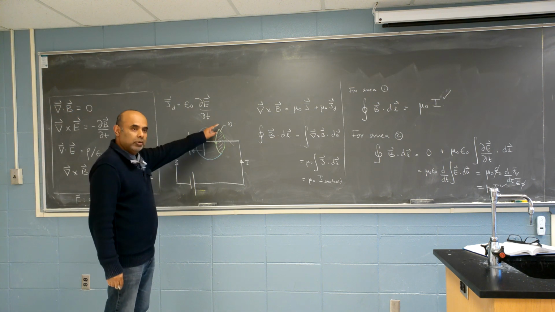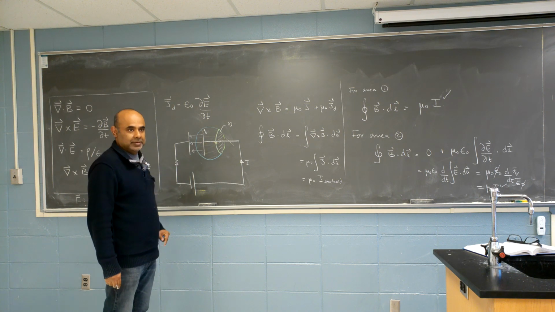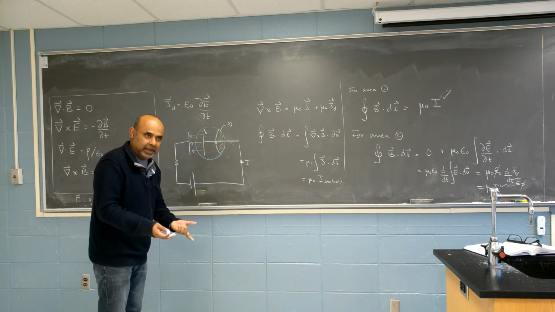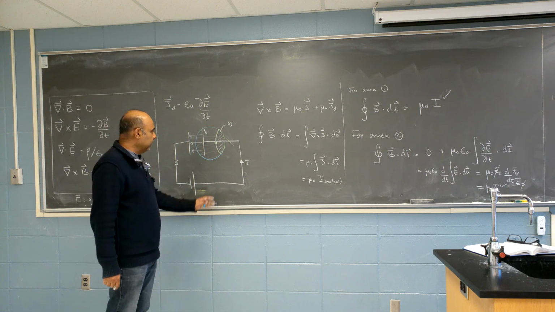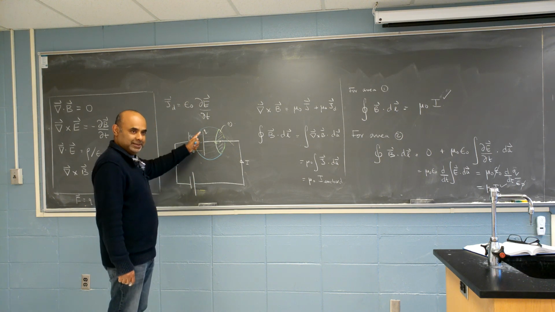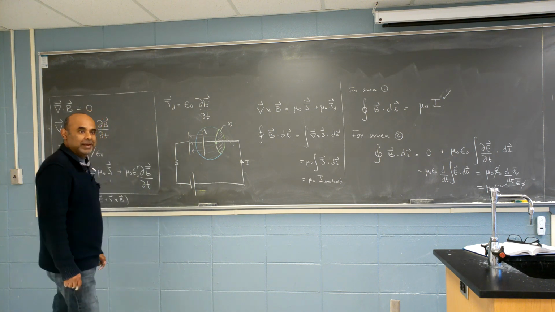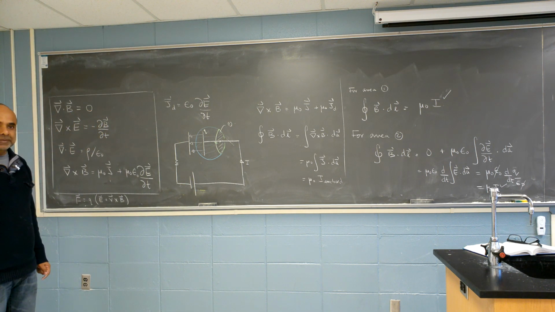Because it's one loop. This loop has many areas. So if I do B dot dl, I have to get the same answer using any area I want. I can pick the obvious one, and clearly the other obvious one, because that's why we created a capacitor, that breaks the current to make the point clear.